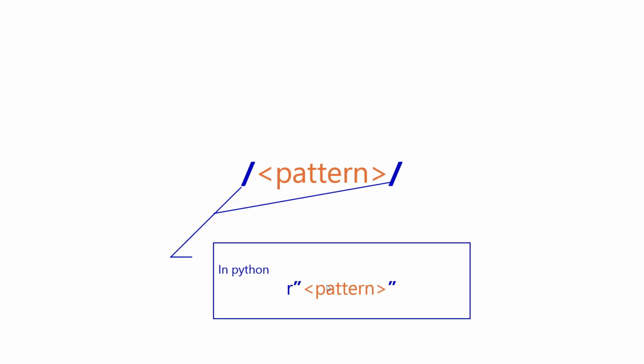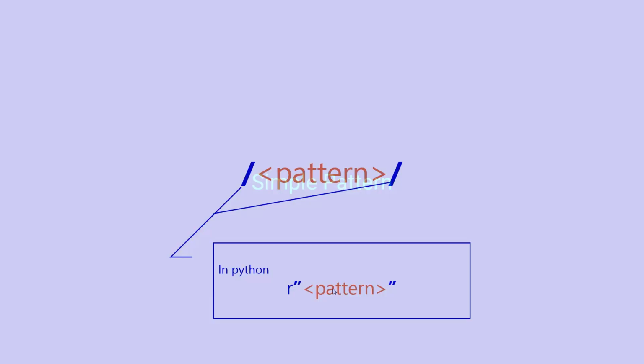The pattern is the same for regular expressions irrespective of the language, so we'll focus more on the pattern rather than the format of Python. However, in Python, this is the syntax we generally use. It starts with R. R stands for raw string. We'll look for some pattern.